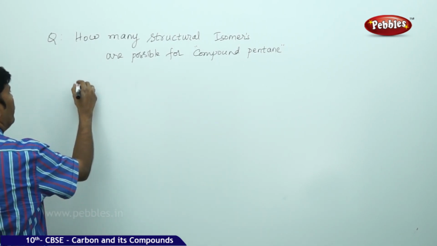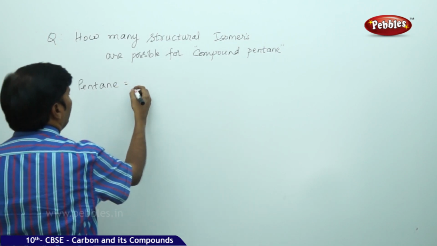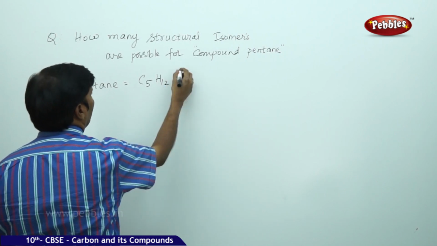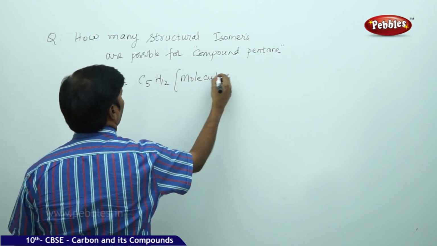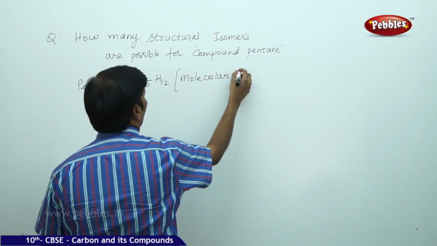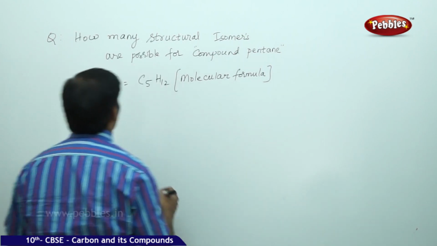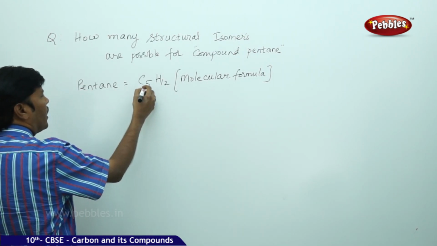So if you go for pentane, C5H12 is the molecular formula. If you go for the structural formula, the best thing is to take the number of carbon atoms.